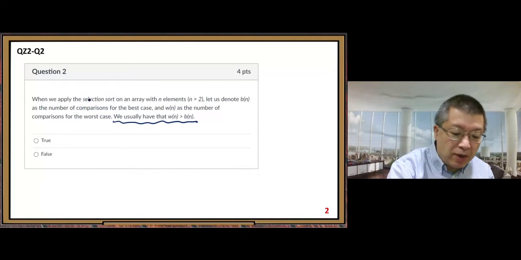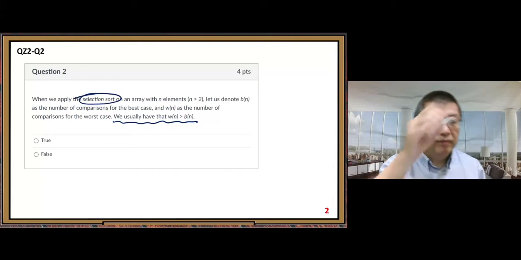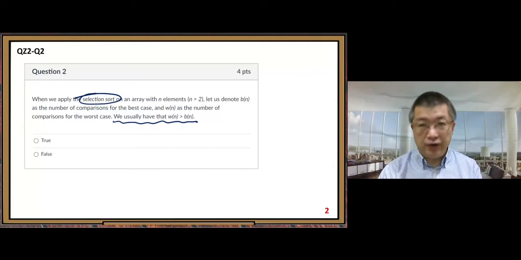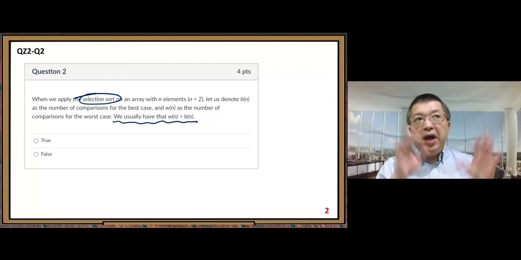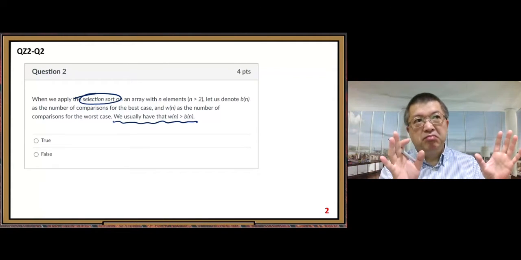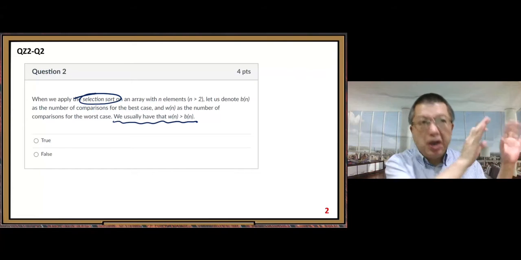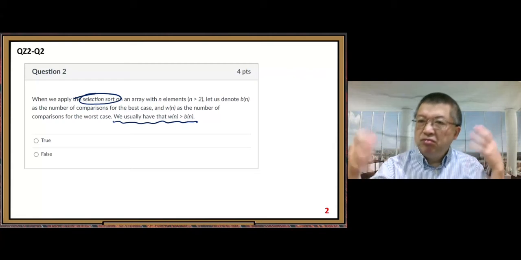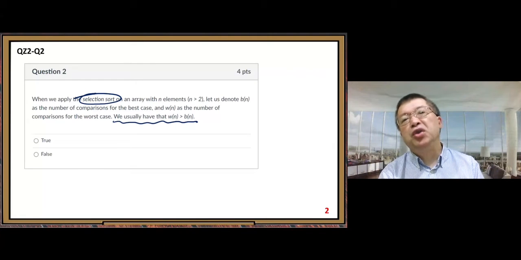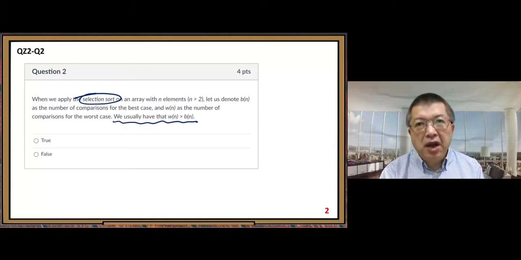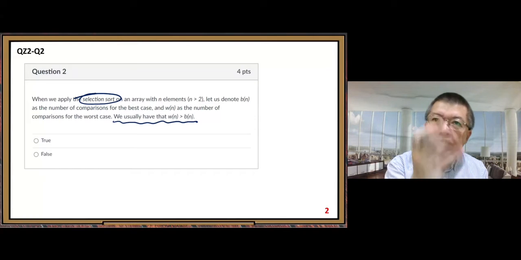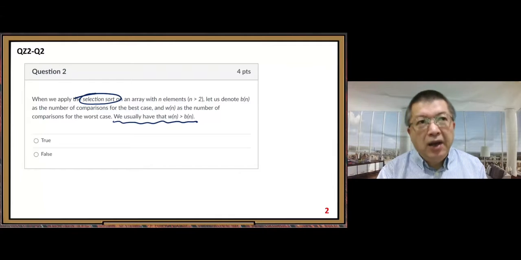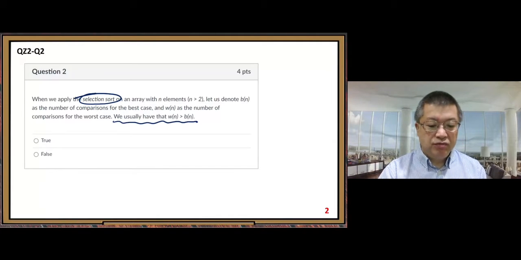But here we are talking about selection sort. So you need to be familiar with the selection sort first. If some students did not study the selection sort, and they just use their intuition, basic understanding, real life experience, then it is very likely they will choose true.